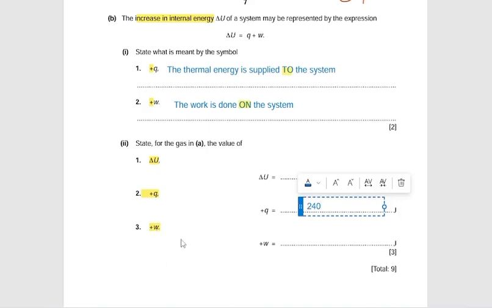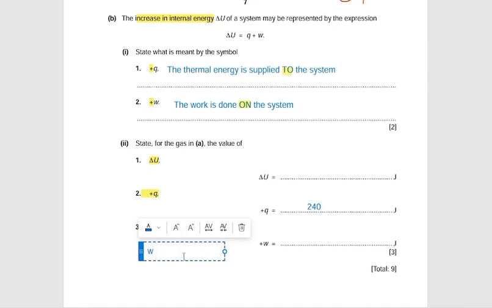Let's look at the work done. When it comes to ideal gases, the formula of work is pressure into delta V. The reason why I have written delta in caps lock is because it's extremely important. Delta V is change in volume. Unless there is a change in volume, you will say that work done is 0.